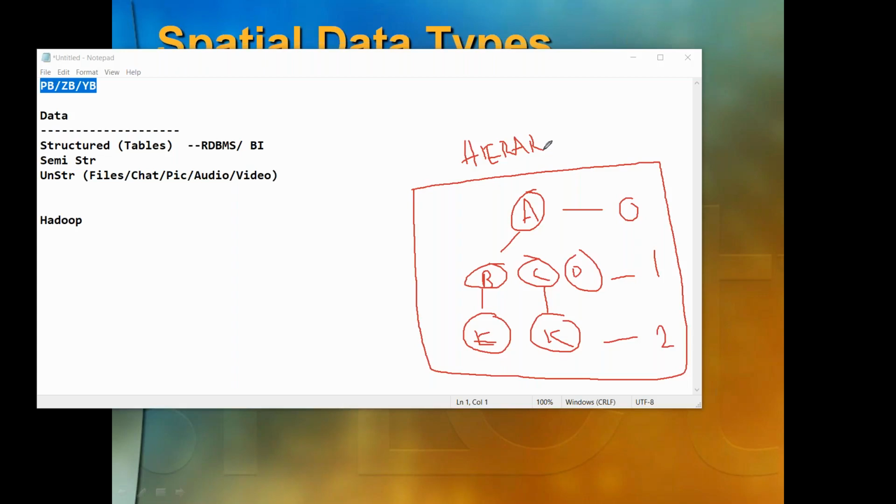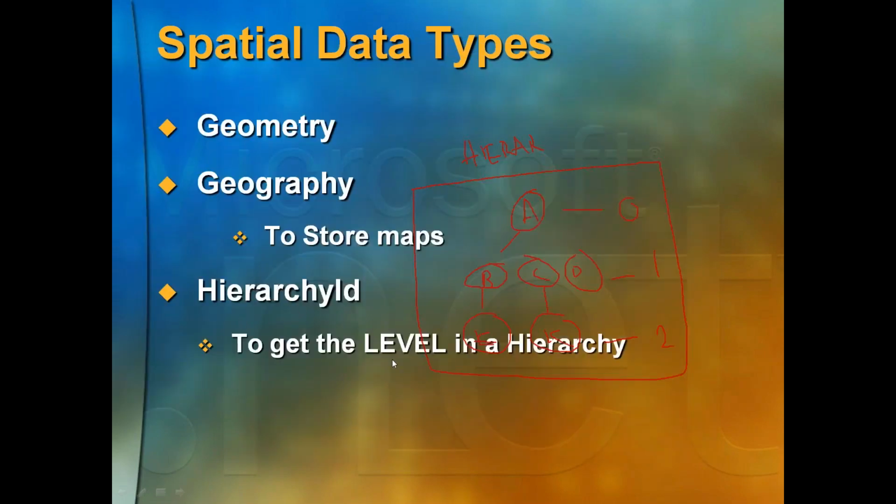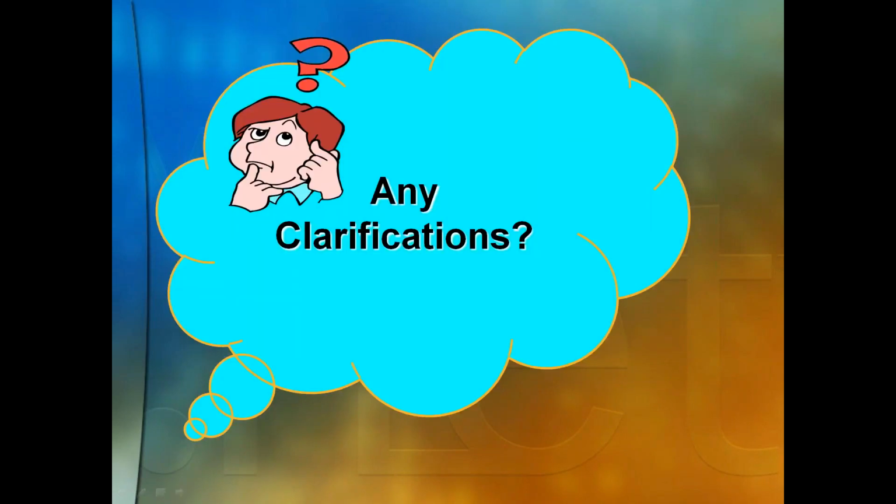I want to know who's the grandfather in this family and who are the bottom level people in this family. If I want to maintain that, I have to create this kind of structure and perform the data analytics like this. Clear? For that purpose, we use hierarchy ID to get the level in the hierarchy. So these are the data types we have.